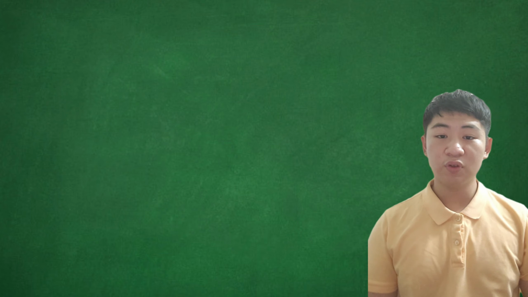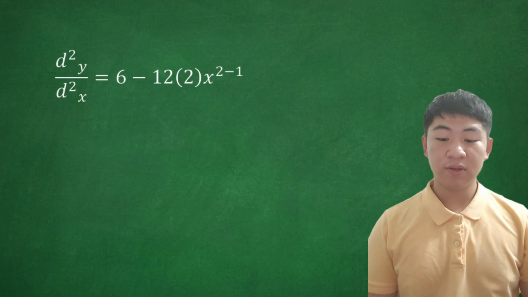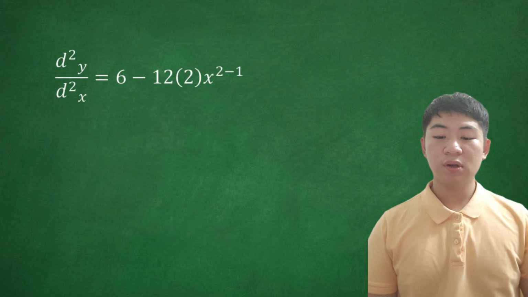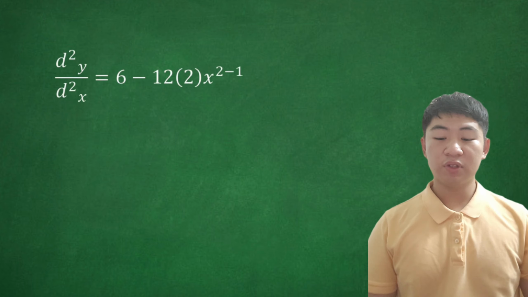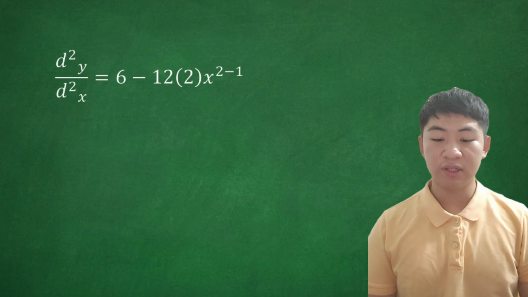Then for the second derivative, d2y over dx2, we use the same formula. 60 doesn't have any variable like x, so it becomes 0. For 6x, since x is power 1, it becomes 6.